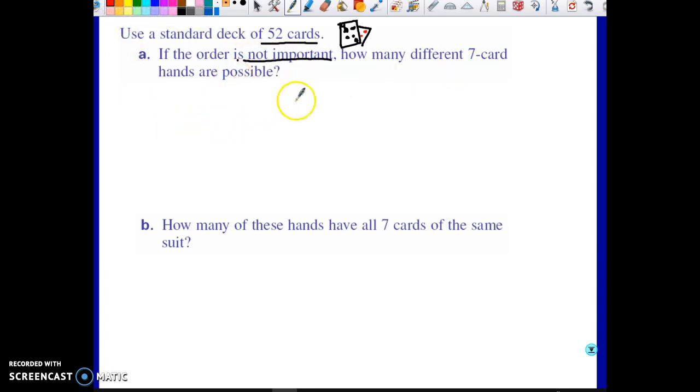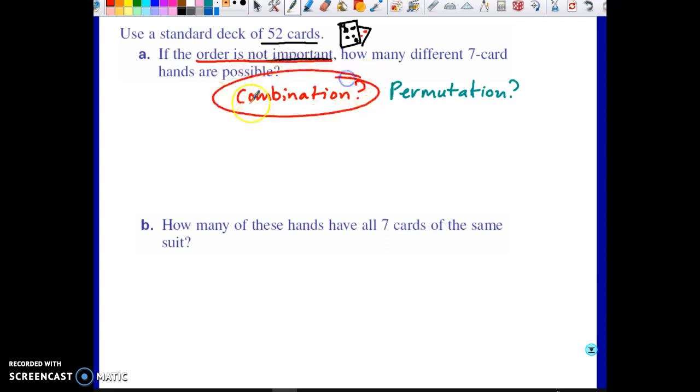Now, first of all, you need to decide, is it a combination or is it a permutation? And the way that you tell is whether order matters, whether arranging these in a different order will change the look or the importance of the things you're trying to arrange. Now, in this case, it tells me right away order is not important, so we know it's a combination.